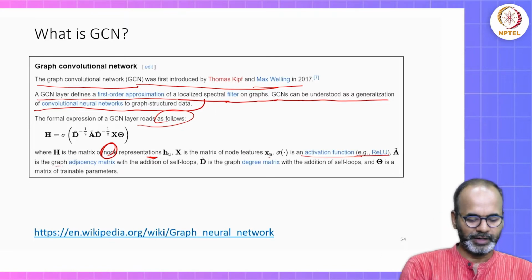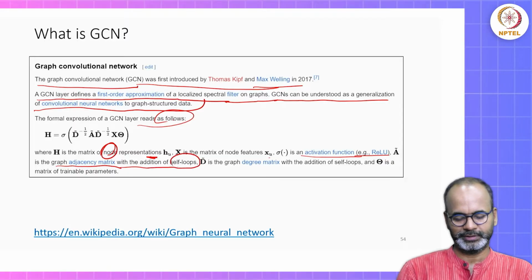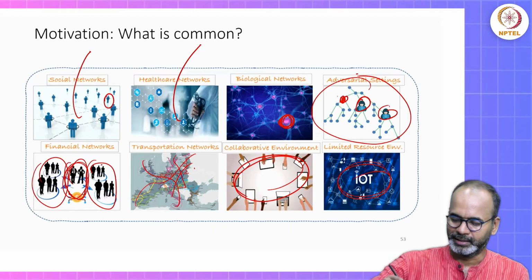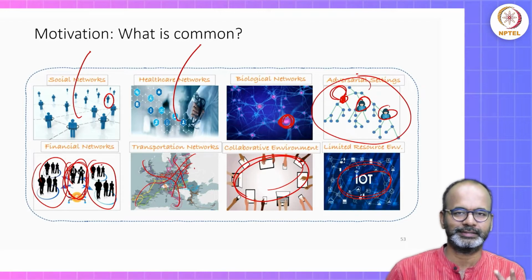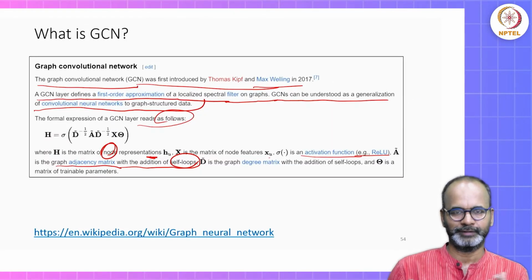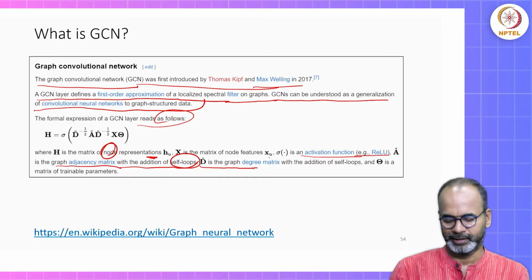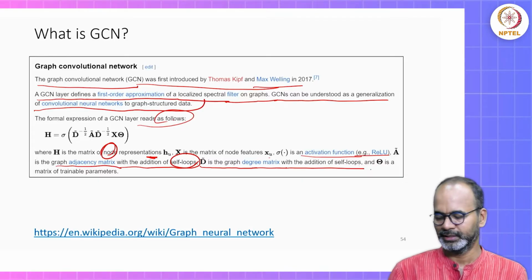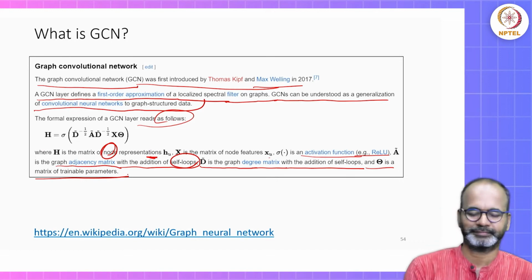A is the graph's adjacency matrix with the addition of self loops. In a network, there could be a self loop. For example, you could like your own post on Twitter. If I were to put that in a graph, that could be the self loop. And D is the graph degree matrix with the addition of self loops, and theta is a matrix of trainable parameters.